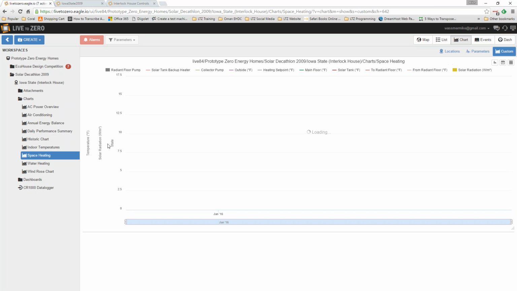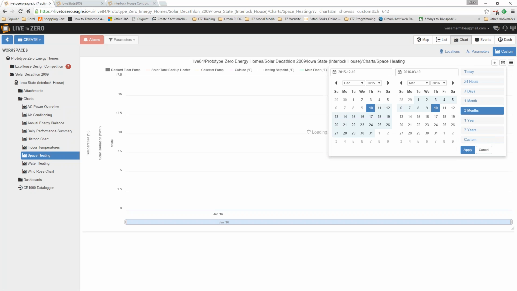This is actually a problem with this interface. This space heating chart is something that I pre-configured, and I'm noticing now that it doesn't actually. Oh, here we go. Custom. I thought I just did that though. Bear with me, everyone. January 3rd through January 9th, let's say, and apply that.